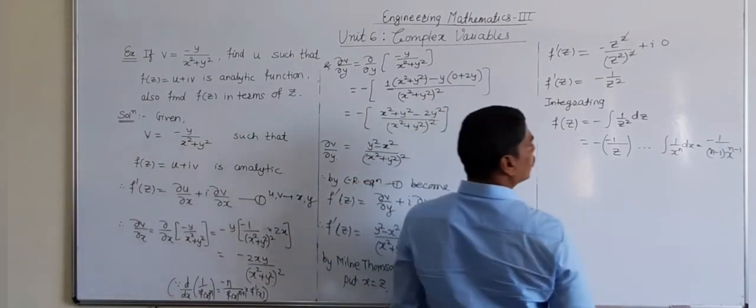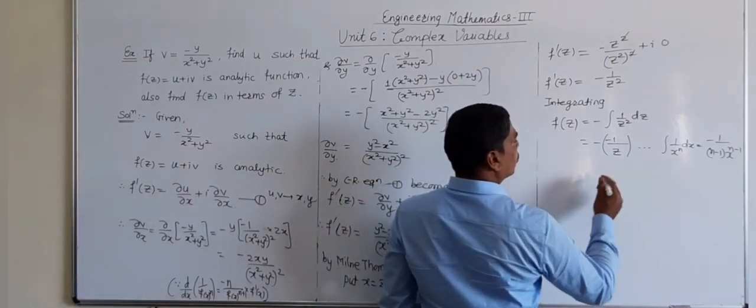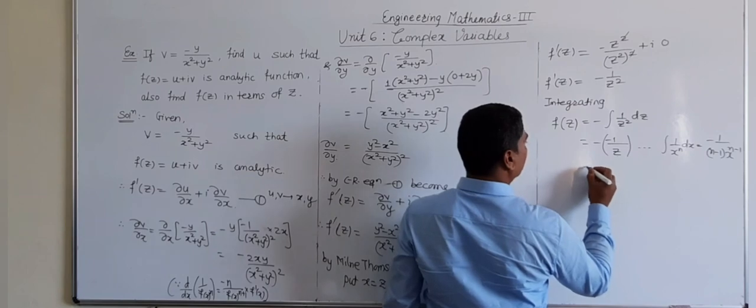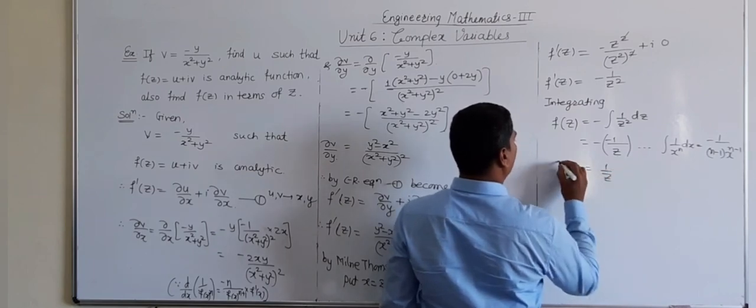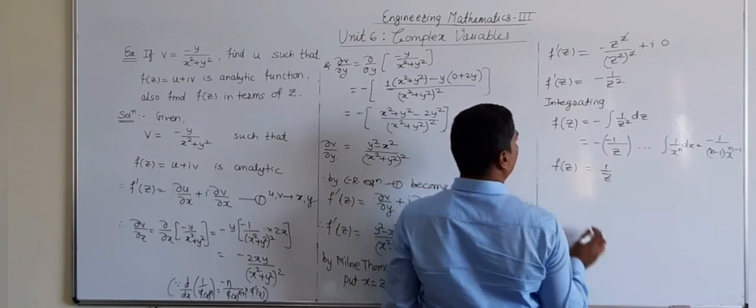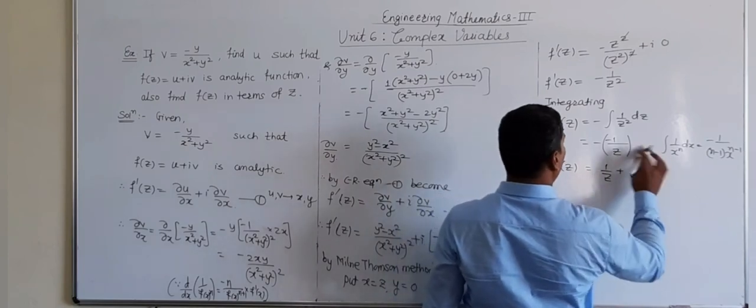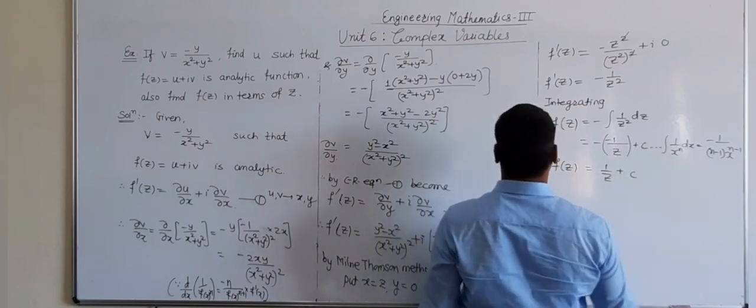So this is our final answer, 1 upon z. This is our required f of z plus constant of integration c.